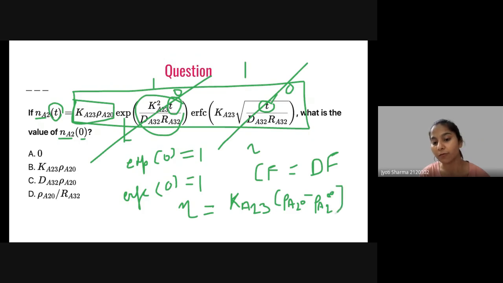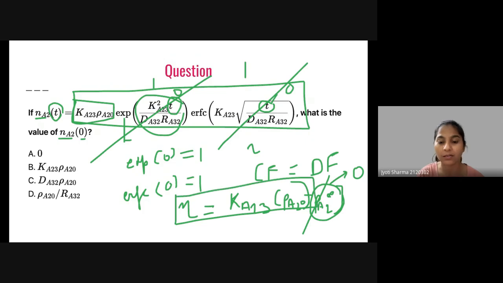Because on the water side, crossing the interface at the bulk water side, the concentration of A is equal to 0, so we remove this. So that's the term that we need to take into consideration when time is equal to 0.